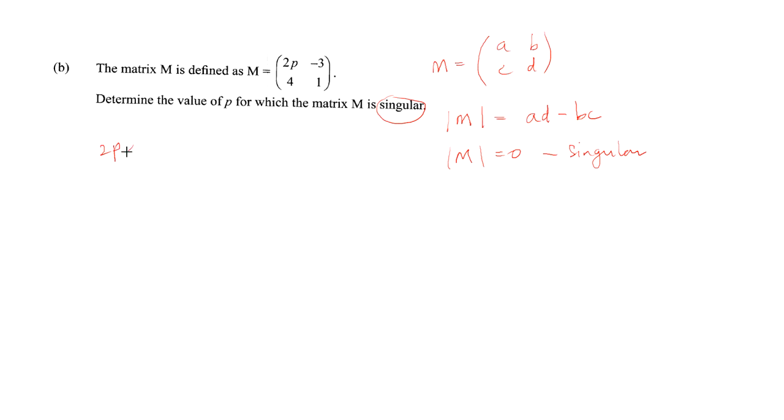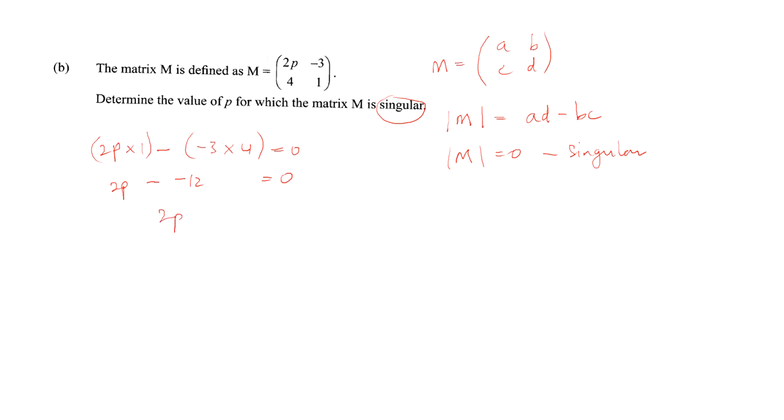So 2p multiplied by 1 minus 3 multiplied by 4 is equal to 0. So this will be 2p minus 3 by 4, which is minus 12, equal to 0.